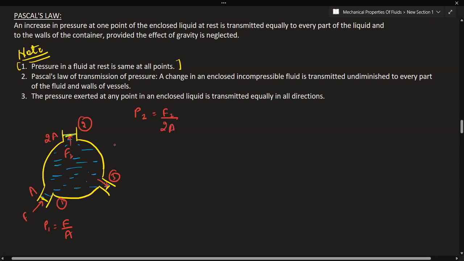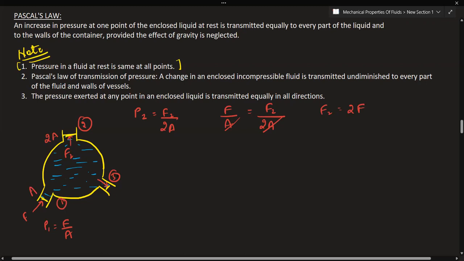According to the rule, pressure is equal to force upon area. Since these pressures are equal, F by A would be equal to F2 divided by 2A, equating this with this. Is this clear? Yes, ma'am. So F2 would be twice of the force, so as to equate the pressure.